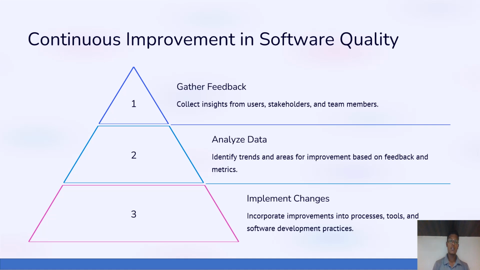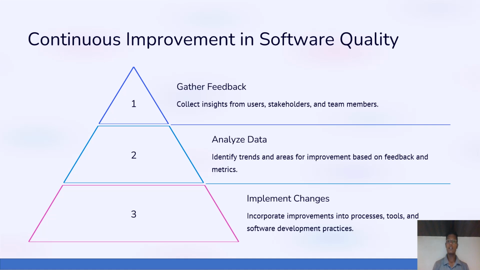Next one is continuous improvement in software quality. First, we have to gather feedback: collecting insights from users, stakeholders, and team members to improve the system quality.